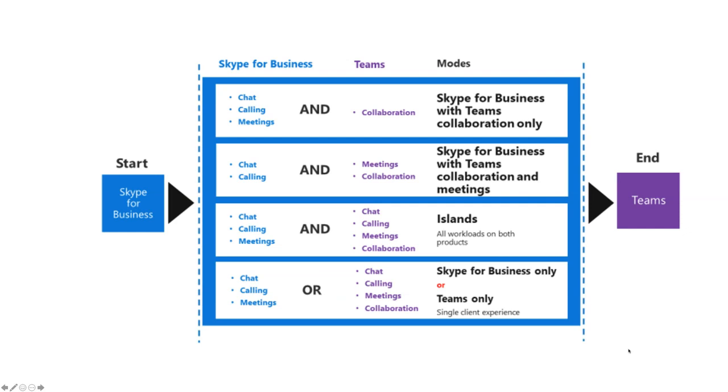Now, Skype for Business, if you're already using that, will do all of those items that you've got down the left-hand side in blue. By enabling different types of coexistence models, which are listed on the right-hand side in the modes, you will start to increase the utilization of Teams in order for you to eventually aim to have a full Teams deployment.